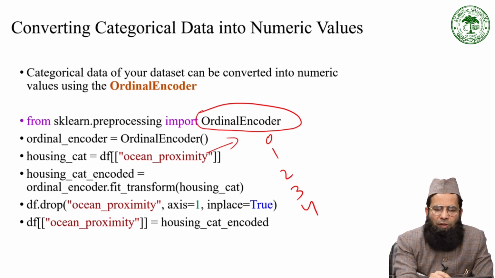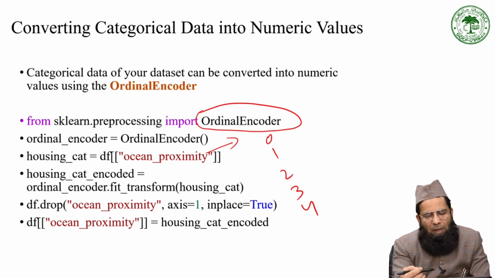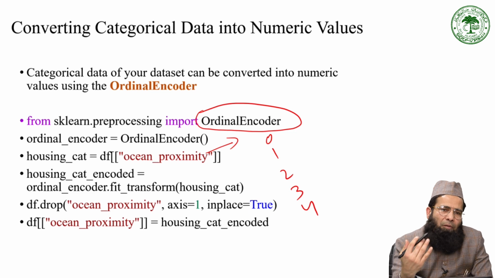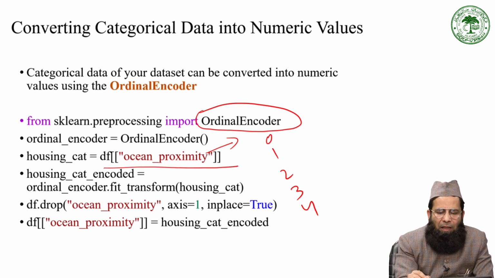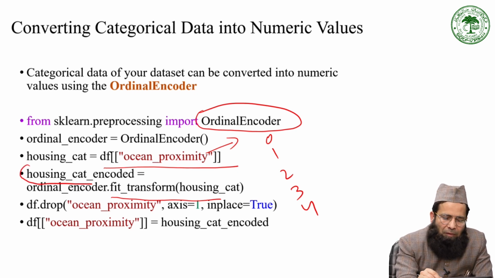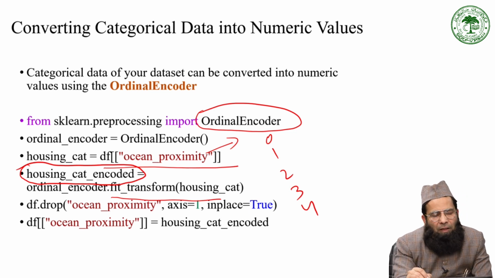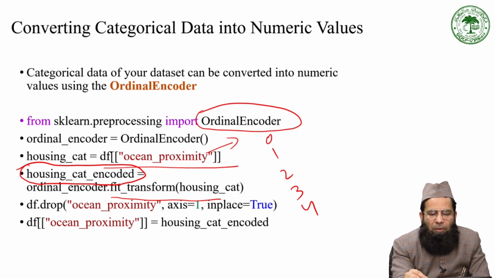And how to use it? First you need to import the ordinal encoder, and then you need to mention which variable is the categorical data. This one is the categorical data, and we need to use fit transform. It would return the numeric values, and then finally we'll drop the actual column, or you could say the actual variable or feature.